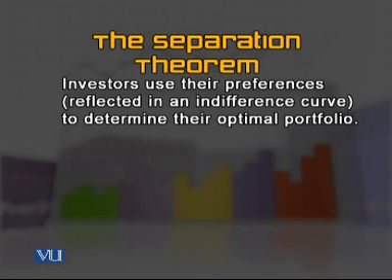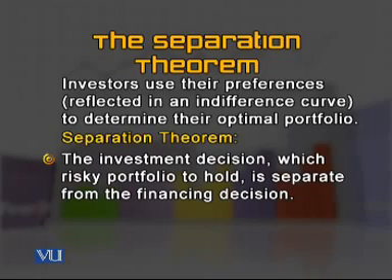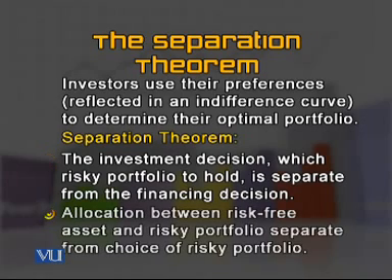Everybody is looking for the best returns. Separation theorem tells us that the investment decision, which risky portfolio to hold, is separate from the financing decision. Also, there is an allocation between risk-free assets and risky portfolio, separate from the choice of a risky portfolio.